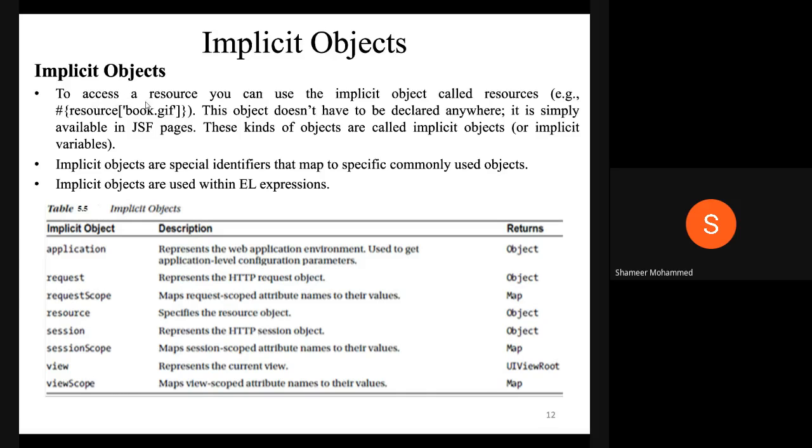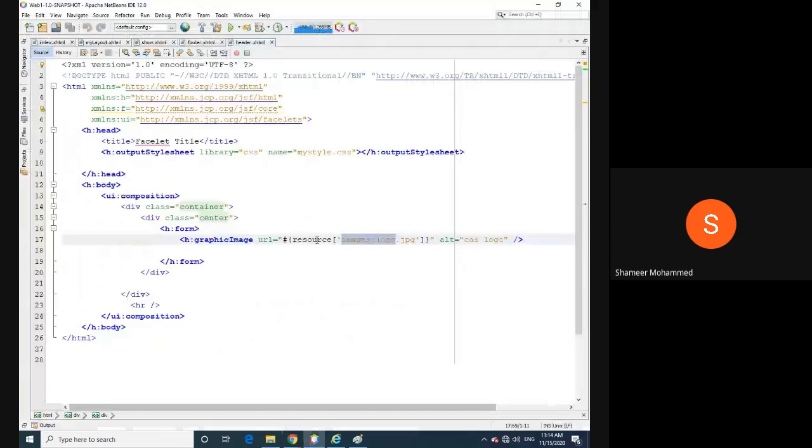This is used to access a resource, and you can use the implicit object. The name of this one is resources. So we are typing here the resource bundle object. That means this is nothing but an implicit object in your code.